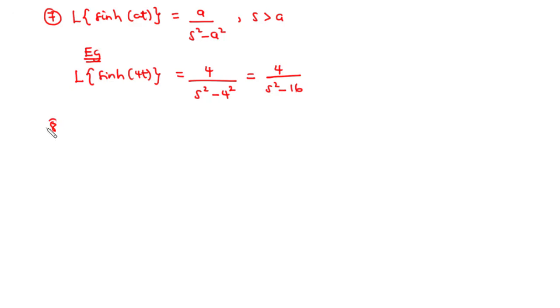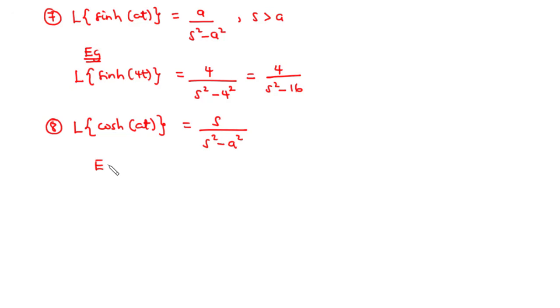Again, we move on to the eighth function. We have the Laplace transform of the function cosh at, that is also given by s over s square minus a square.